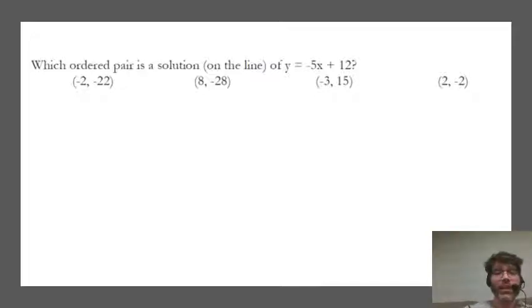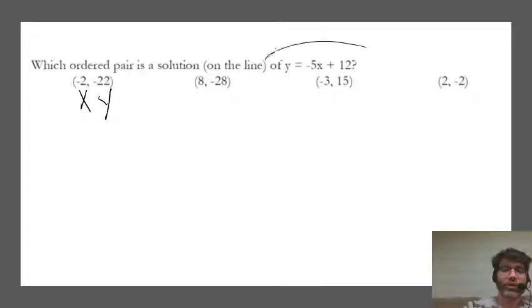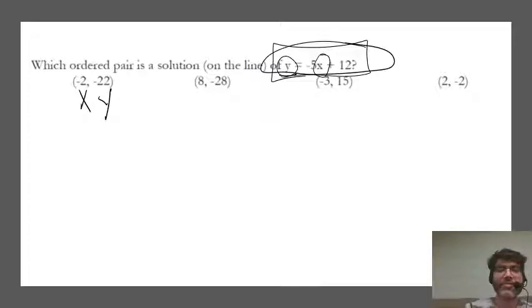So we can plug in the x value and the y value of this point into the equation and see if it becomes an identity. If, when plugging in -2 for x and -22 for y, it makes this equation an identity, then this point, by definition, must lie on the line because it balances the equation.